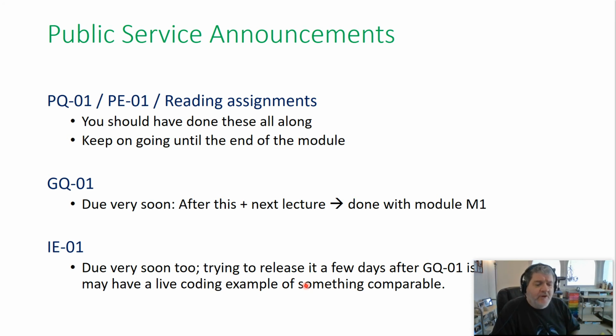And number two, the second advantage of having a lot of IEs regularly is not only that it keeps you learning and studying regularly instead of trying to cram at the last minute, but it's also going to give me an opportunity to maybe drop the worst IE grade like I try to do in every one of my courses. Once I am sure that we have a good pace in the course and we are going to have at least 5 or 6 IEs for the student in terms of grades, then generally I go into Canvas and I select the policy to drop the worst IE so that everybody gets one, okay?